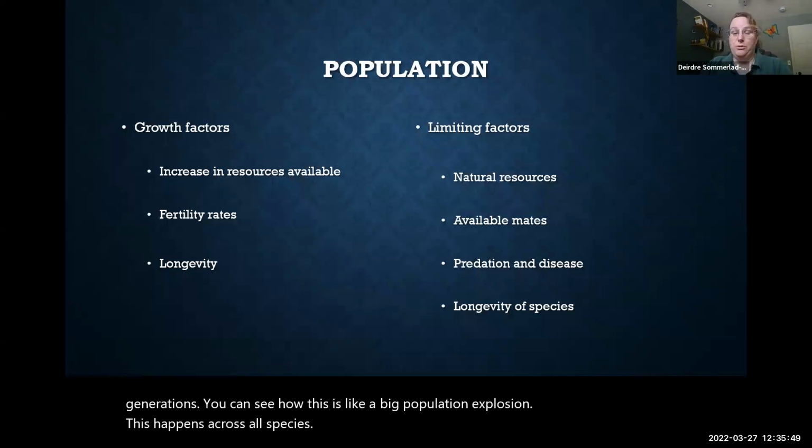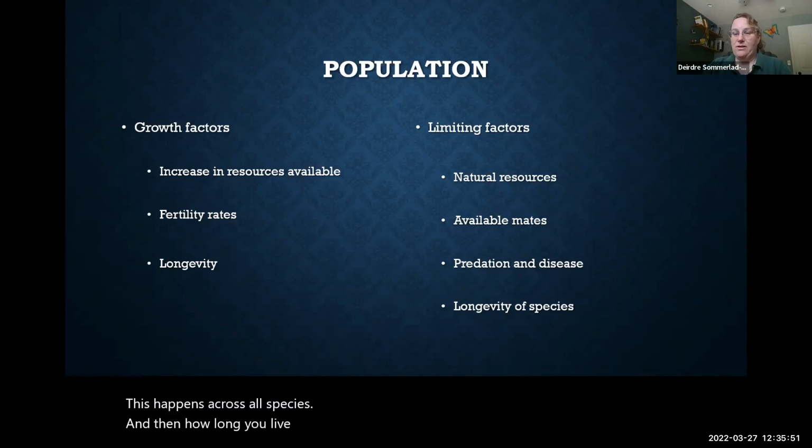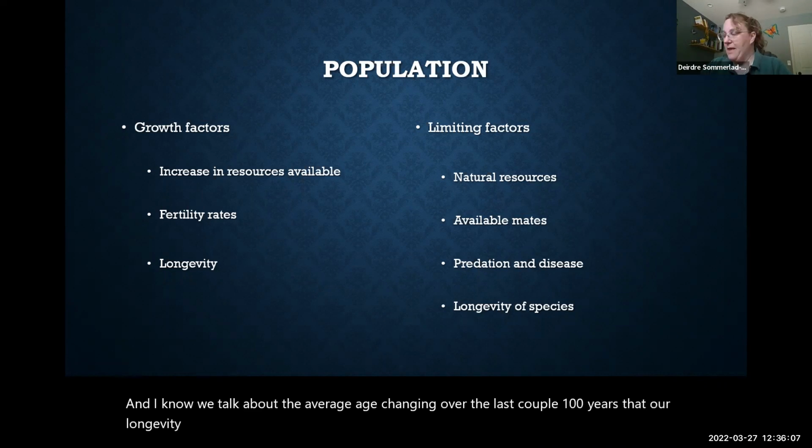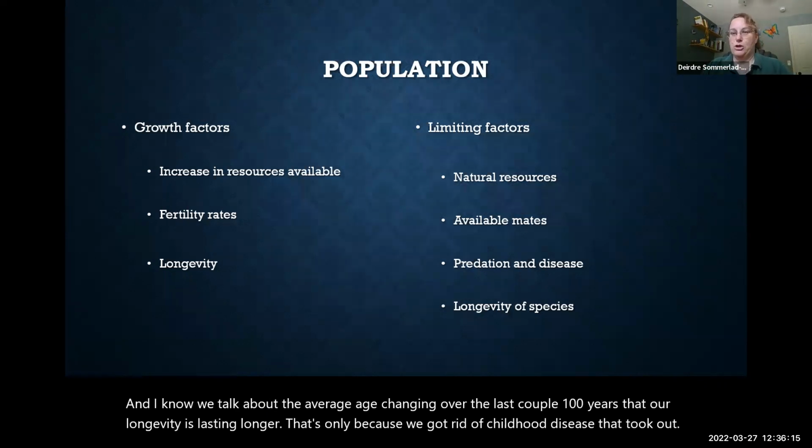And then how long you live, well, humans live on average into their 70s. And I know we talk about the average age changing over the last couple hundred years, that our longevity is lasting longer. That's only because we got rid of childhood diseases that took out a third of children.